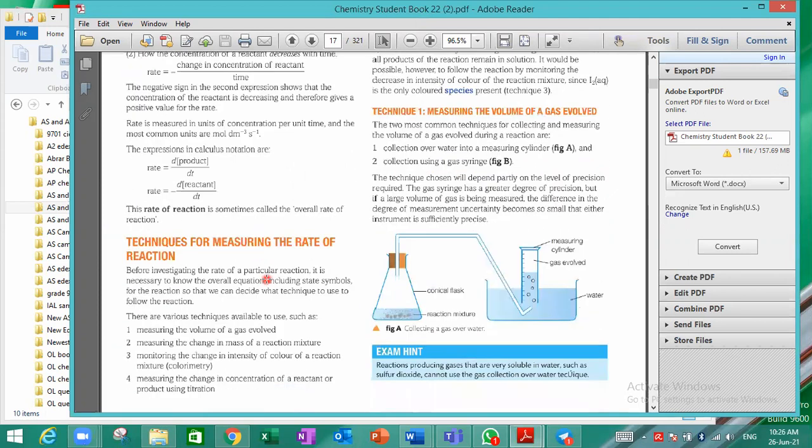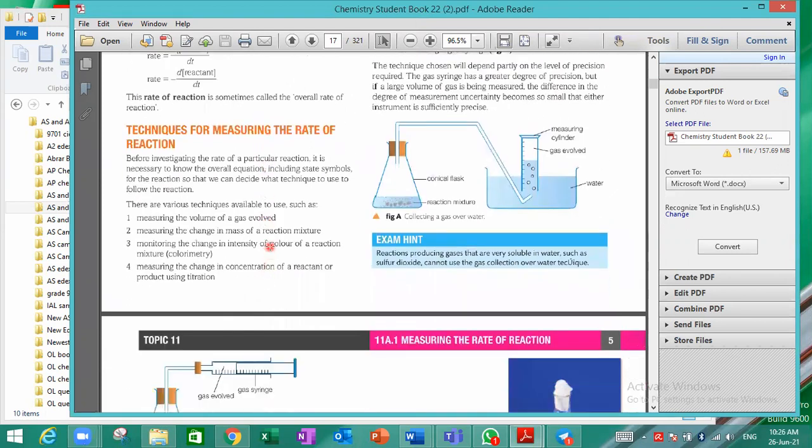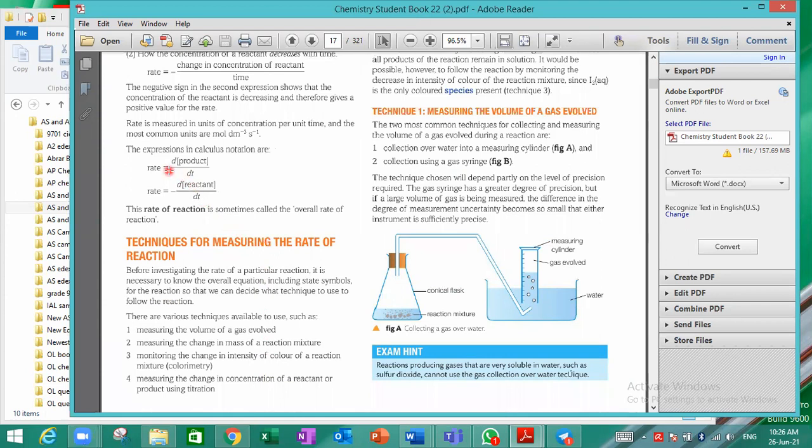Now, how do we follow the rate of any reaction? If we want to follow the rate of any reaction, it means that we want to follow either what happens to the concentration of the product with time, or what happens to the concentration of the reactant with time. So we have to use experimental methods. And of course, the experimental method depends on our reactants and our products, because we are going to follow one of them.